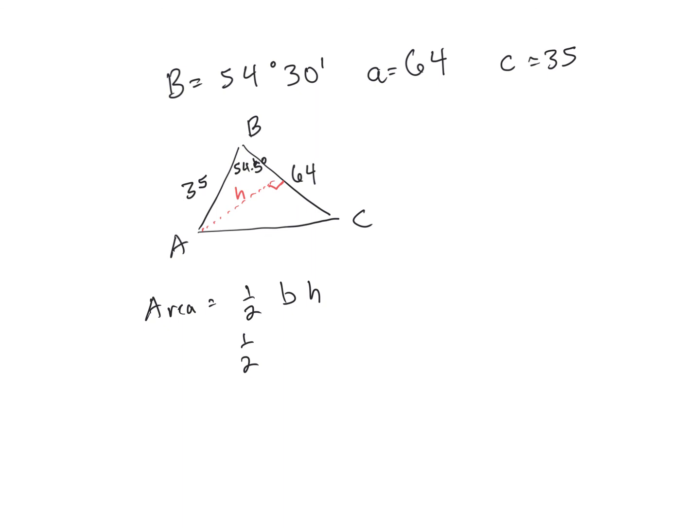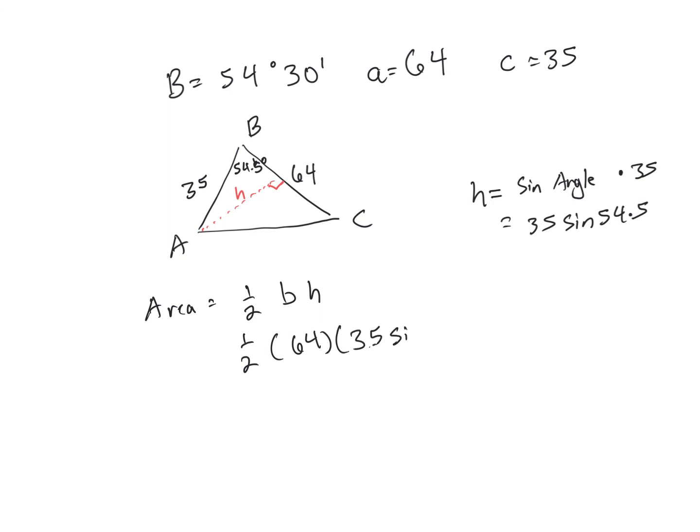We have a base, which is 64. My height, remember, is my sine of my angle times the hypotenuse, which is 35, or in this case 35 sine of 54.5.